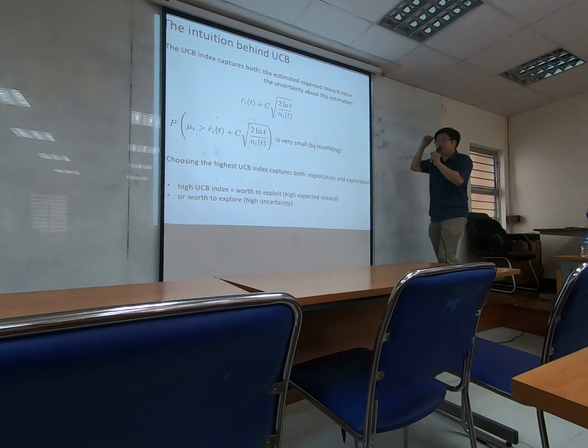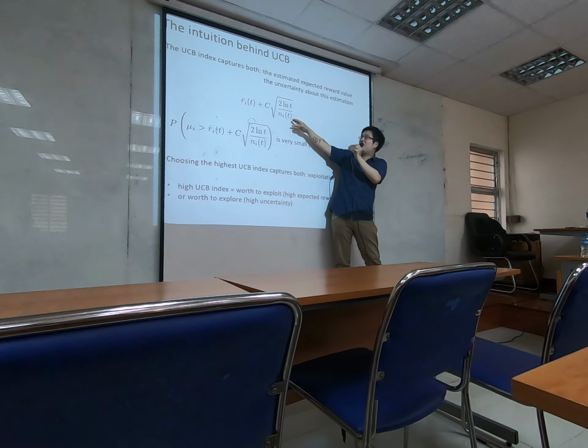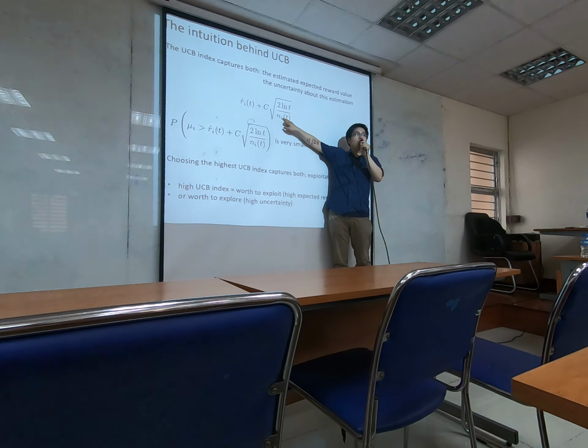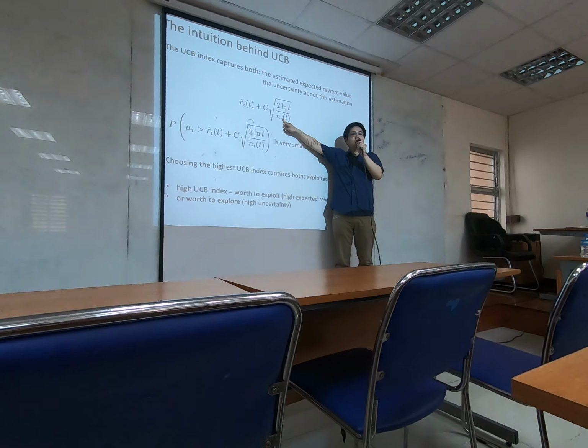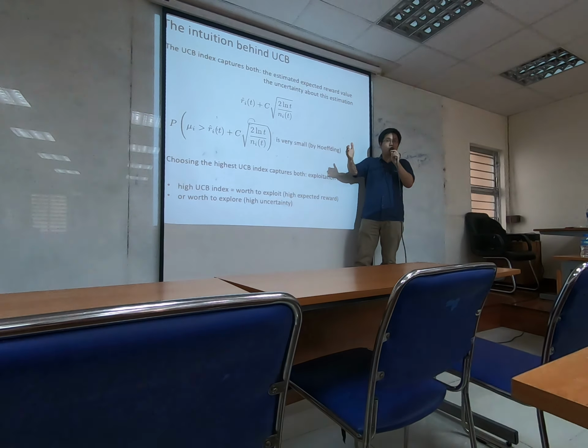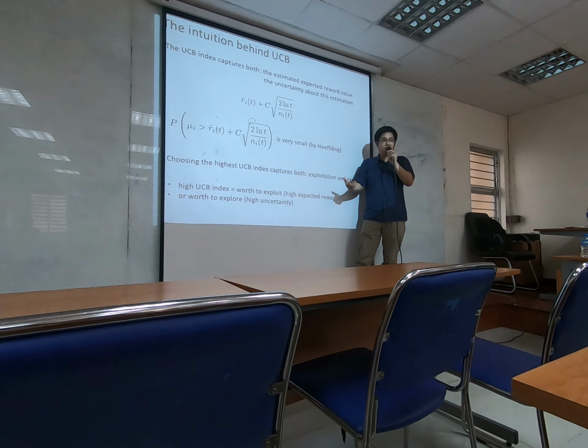But before that, I would like to mention something. Why is this good? The whole philosophy behind UCB is why we want the algorithm to choose the highest index. When you ask the question in reverse, why does an arm have a high index?